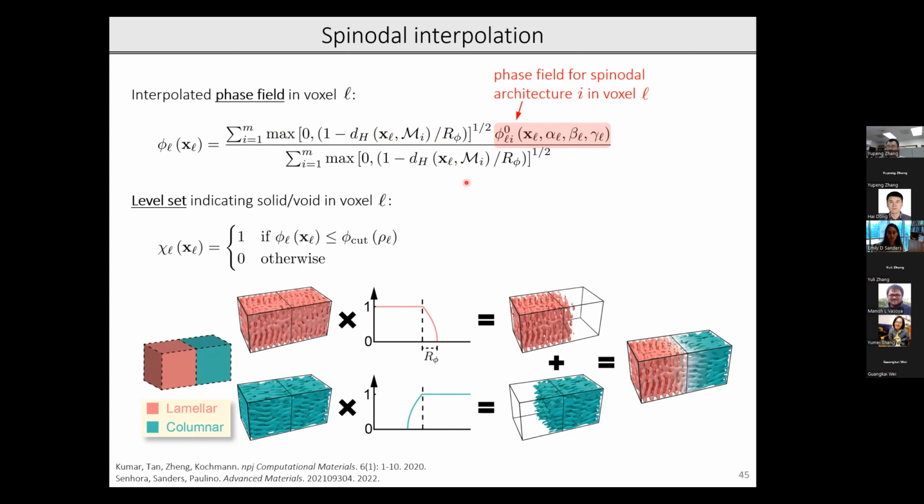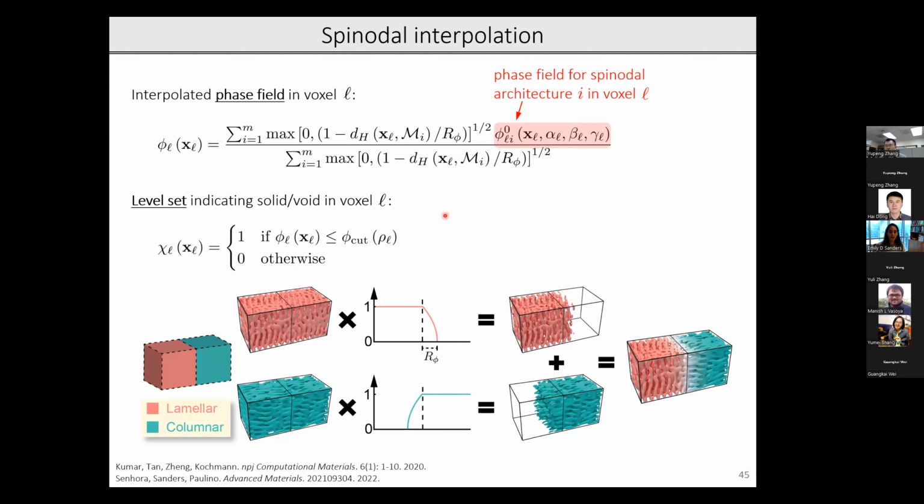You can see that we can use this parameter R-phi to control the length scale of that transition. And we end up with a well-connected transition between these different architectures. And because the architectures are stochastic, the features that show up in the transition region are totally valid. Okay.